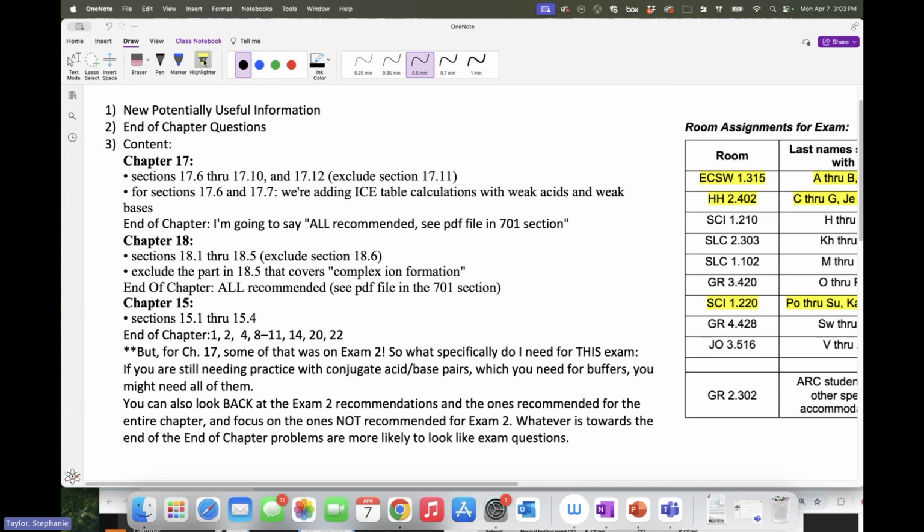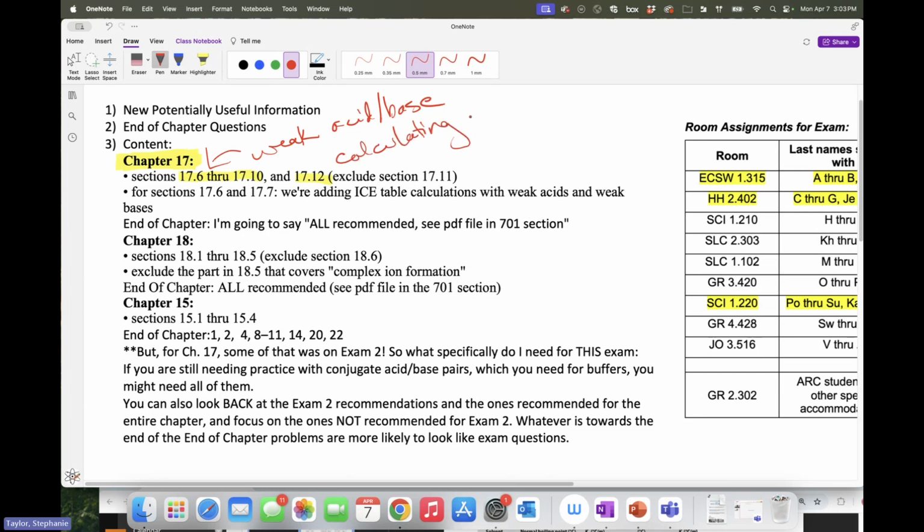So content, what is this exam over? This also got posted in the 701 section, and I updated it with end of chapter questions just this morning. So chapter 17, this says 17.6 through 17.10 and 17.12. For the record, this is also things like weak acids and weak bases, calculating pH.